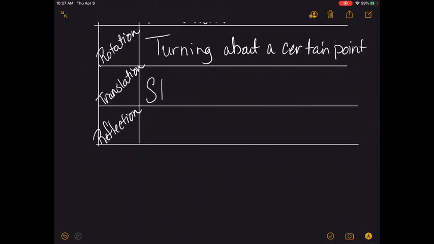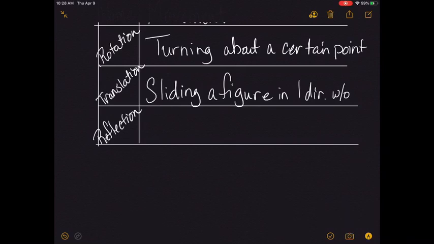A translation has to do with sliding a figure in one direction without turning it.